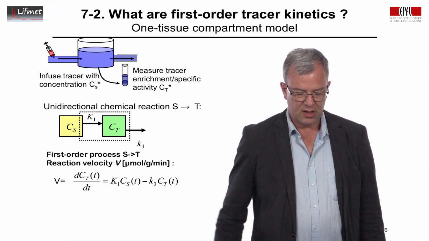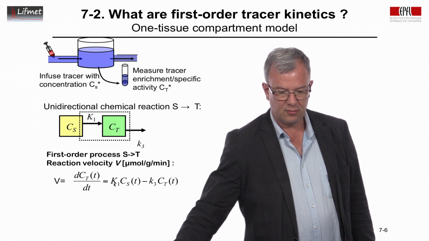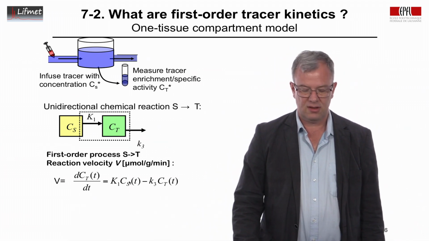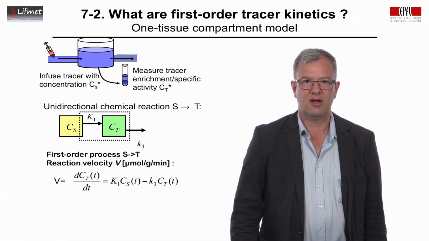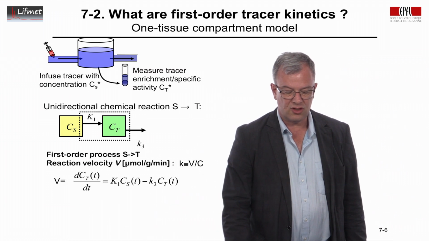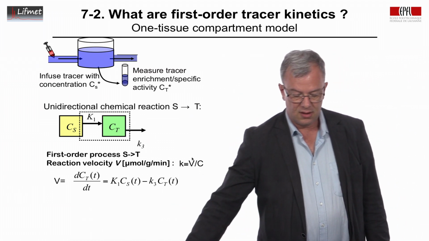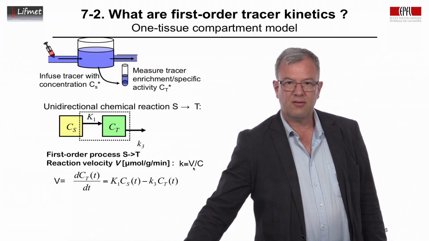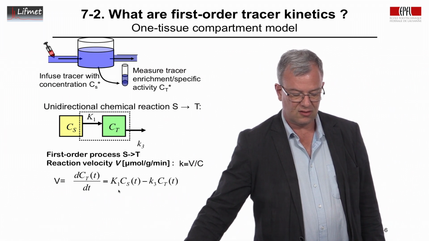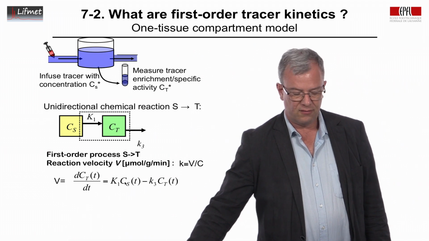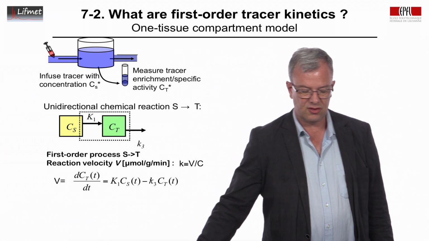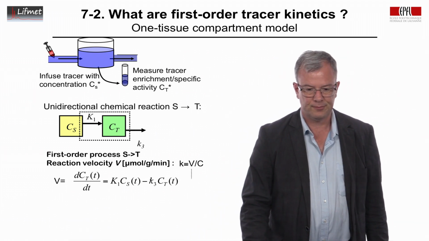With first order kinetics, this is given by K1 times the concentration of the substrate minus K3 times the concentration of the product. Here we have used the expression that the rate constant is equal to the reaction velocity divided by the concentration. If we put that back in here, then we can see this term is equal to V in, the velocity in, and this is equal to the reaction velocity V out.